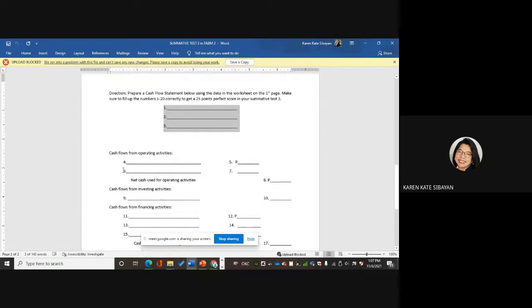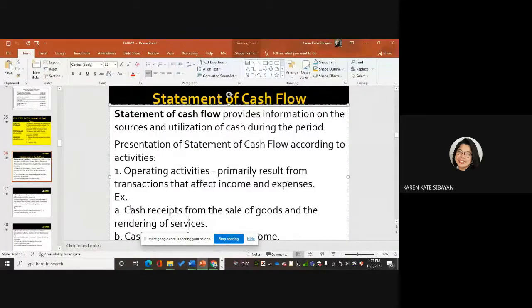So here, under the cash flow statement, what are the transactions that affect your income and expenses? For example, back to PowerPoint. Cash received from the sale of goods and rendering of services. Meaning, you received cash.